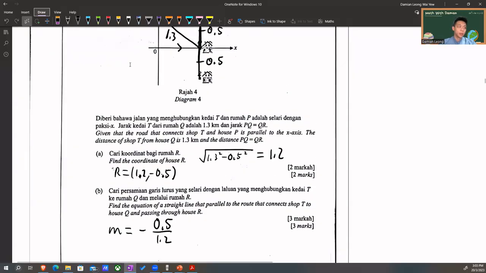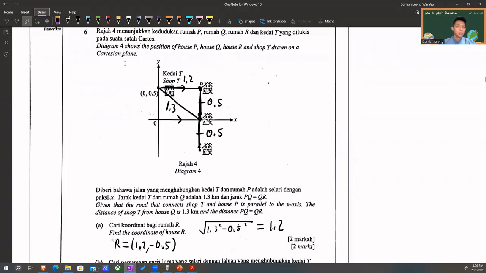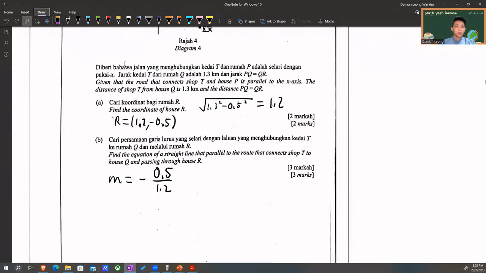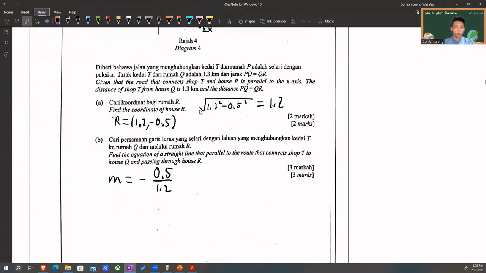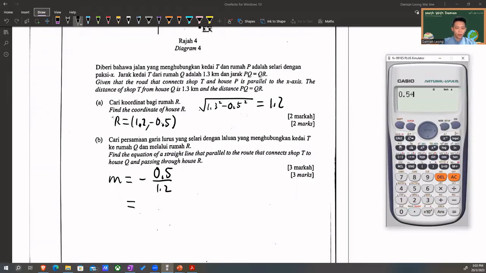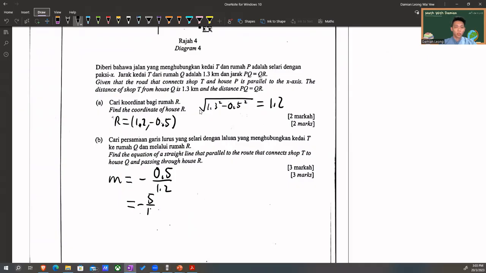Or you can use the formula negative y-intercept over x-intercept, which is negative 0.5 over 1.2 as well. So you get the exact same thing basically. So 0.5 divided by 1.2 is 5 over 12. So just keep it as fraction, negative 5 over 12.